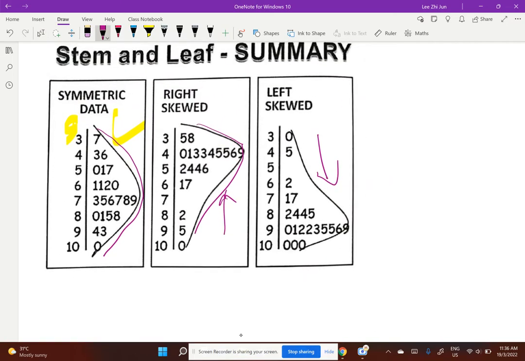How to remember the right and the left: the right is the right side of this diagram, not my right side. Here is the right and here is the left. This is just for those who cannot differentiate where is right and where is left.